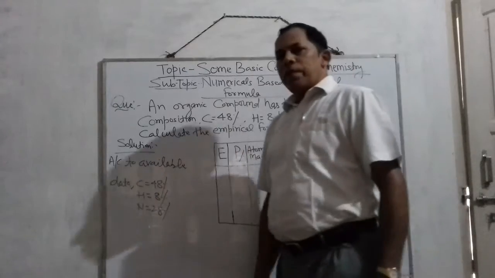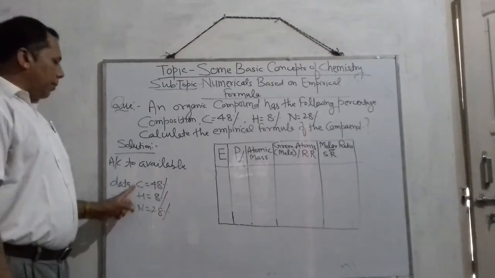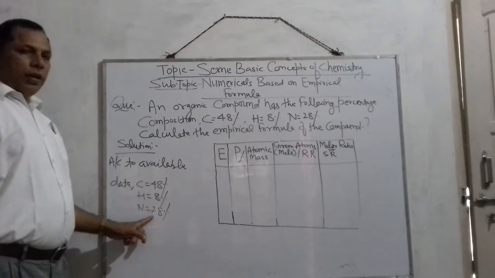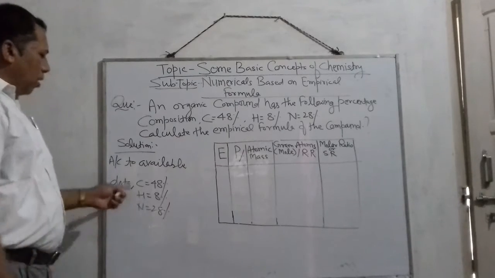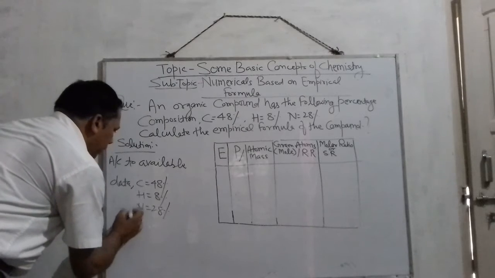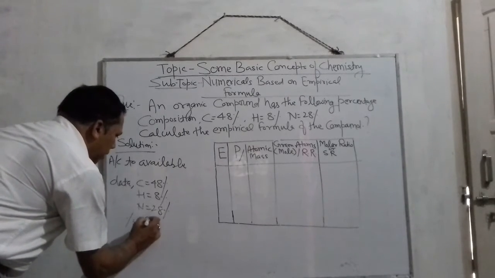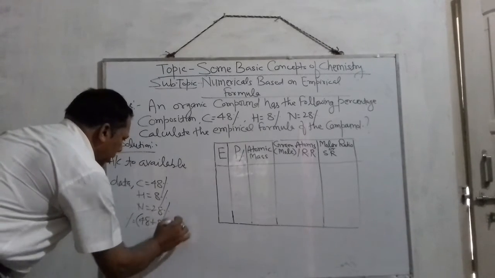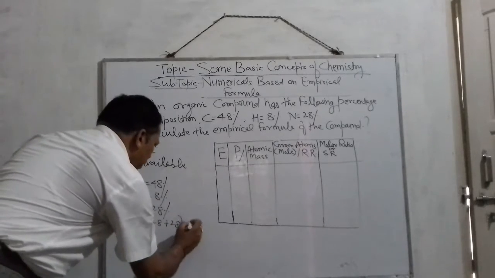So, first of all, according to the data, the percentage of carbon is 48, hydrogen is 8, and nitrogen is 28%. So add the percentages of all these elements. 48 plus 8 plus 28, that is 84.